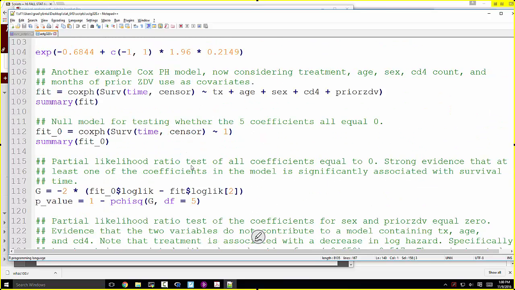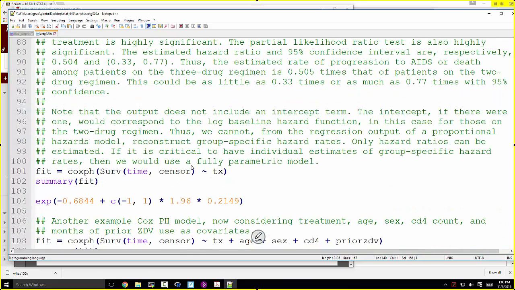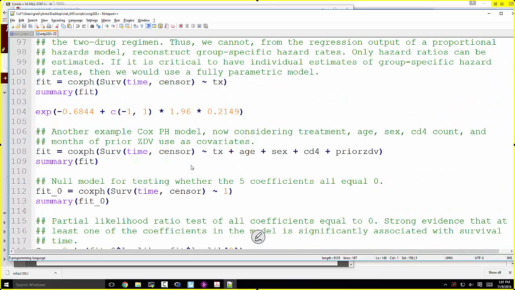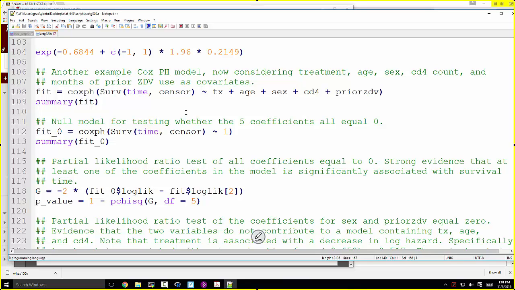Okay, so let's come back to the ACTG data and play with our new toys a little bit here. We just fit this model a moment ago with treatment, age, gender, CD4 prior. Suppose we wanted to test whether all 5 of the coefficients were equal to 0, as in, there's no structure with respect to these 5 predictor variables at all.